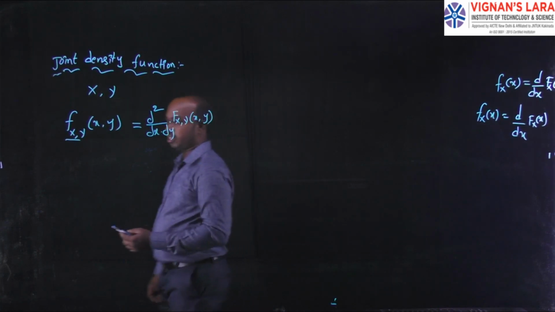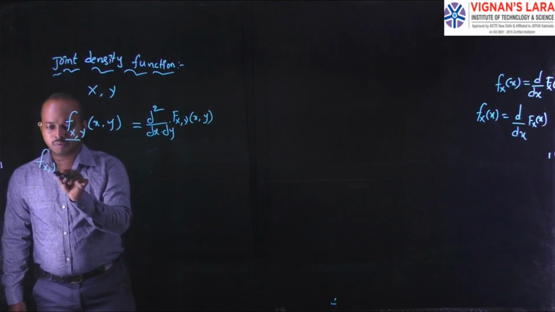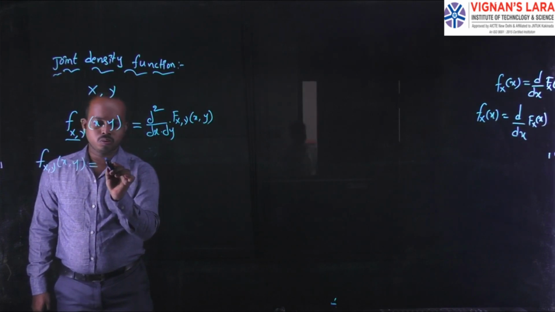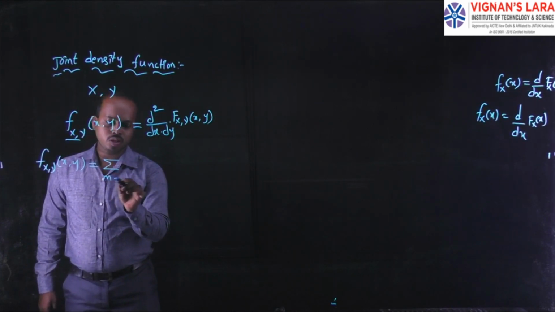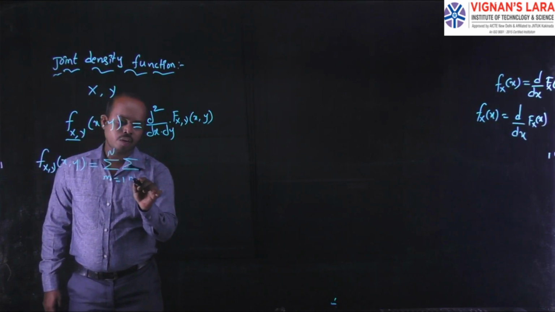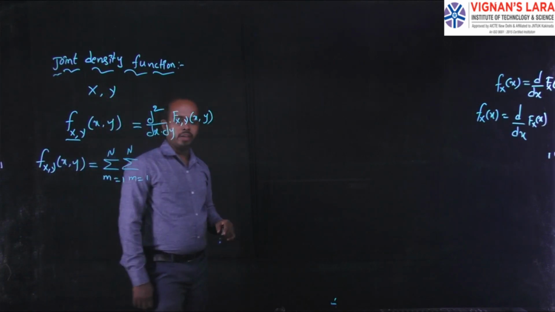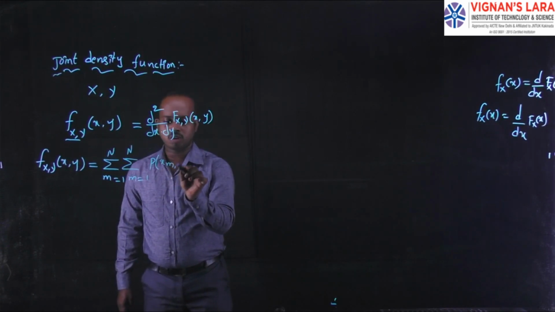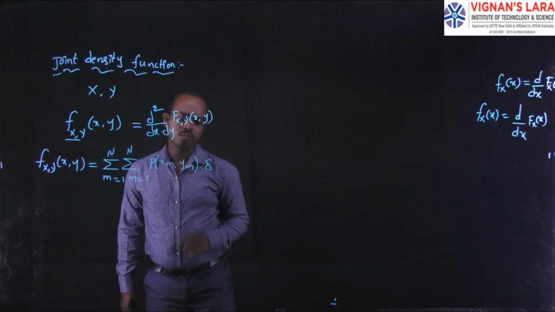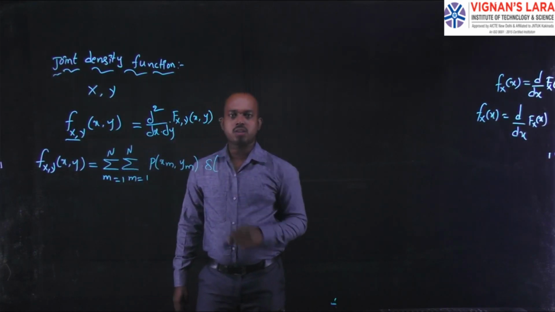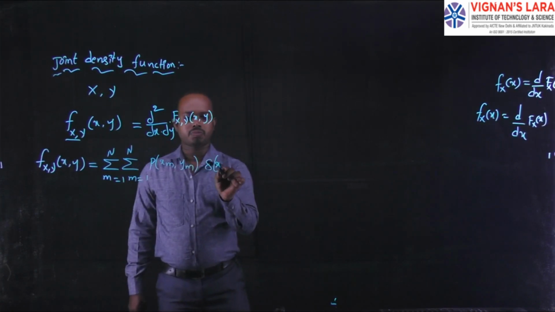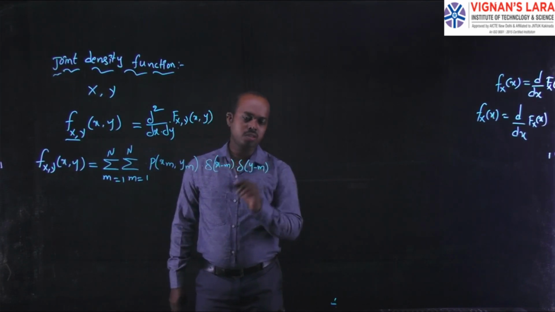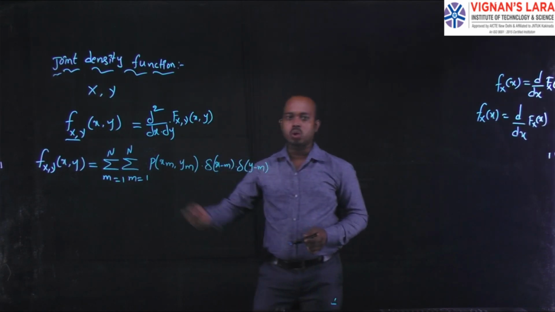The density function small f of X comma Y of x comma y is equal to the summation over m equal to 1 to n and the summation over n equal to 1 to n, of the joint probability P of xm comma yn into delta of x minus xm into delta of y minus yn. This is the formula when the two random variables are discrete.